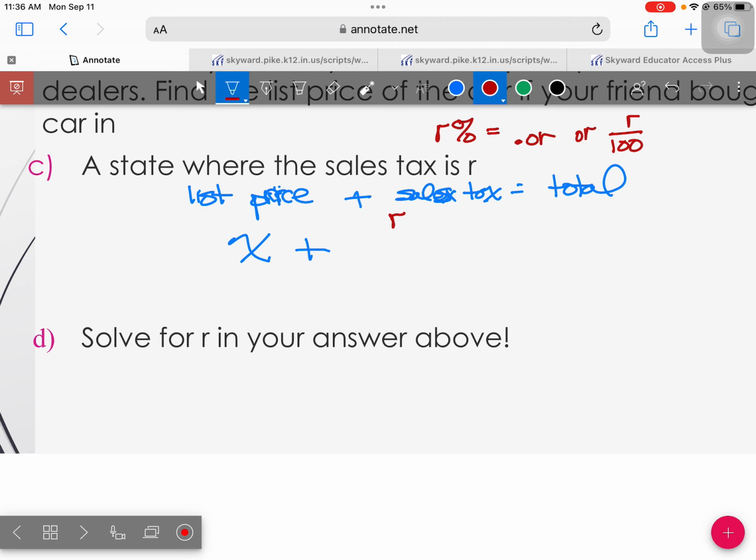So if I want to talk about this, you could say 0.0R, because you take it 2 places to the left, correct? Times X equals my total, $16,368.